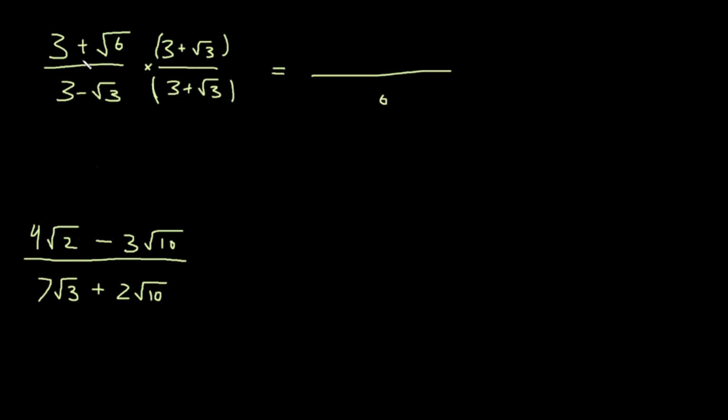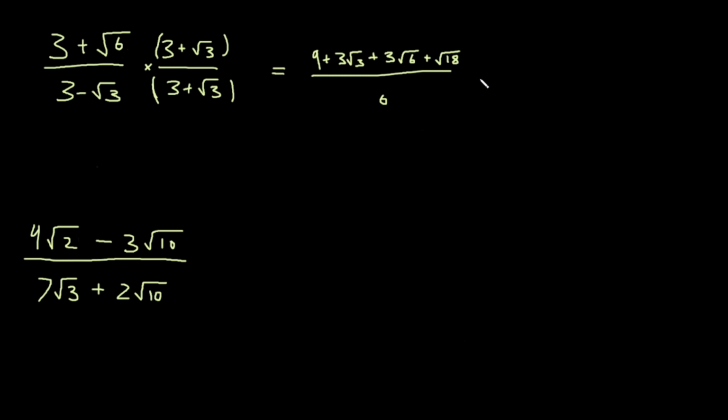Now, let's do distributive property on the top. So we have 3 times 3, so this is 9. We have 3 times root 3, which is 3 root 3. We have root 6 times 3, which is 3 root 6. We have root 6 times root 3, which is root 18.